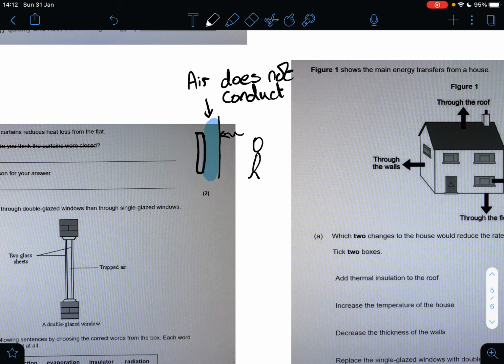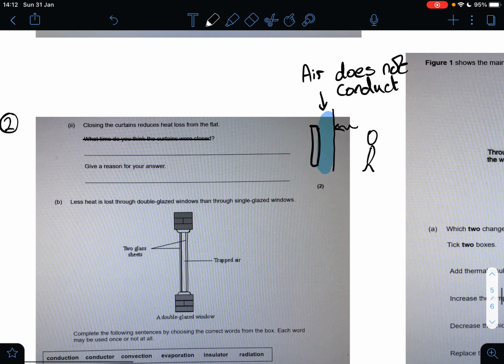You've trapped the air. A bit like when you wear a wetsuit and you get warmer, you trap a layer of water around your body which you heat up. Here, you're trapping the air. So the answer to this one is you trap the air. That prevents conduction.